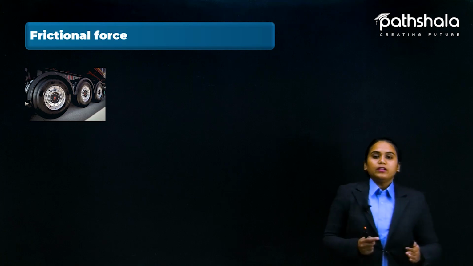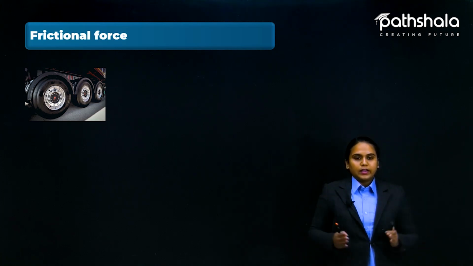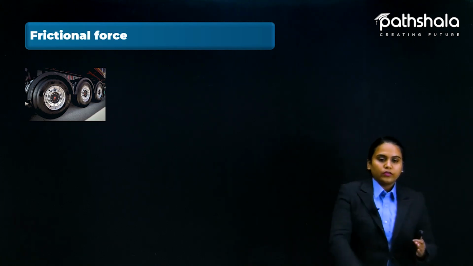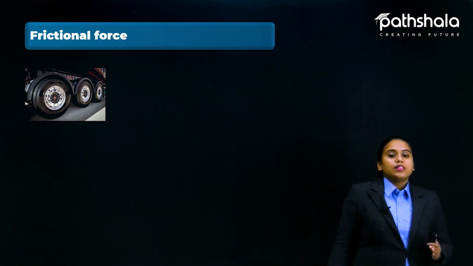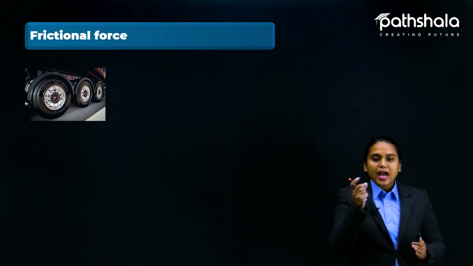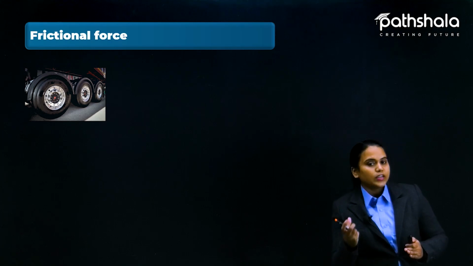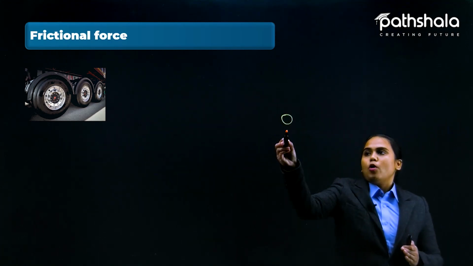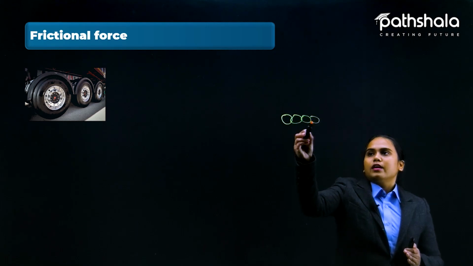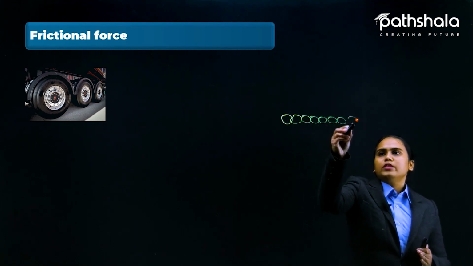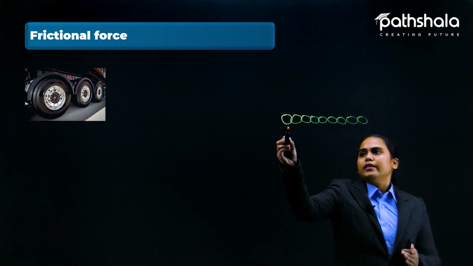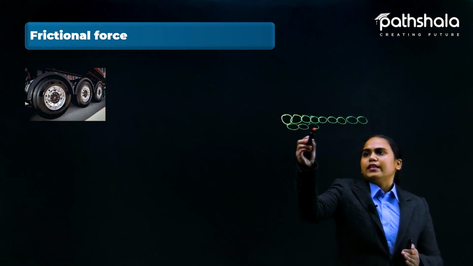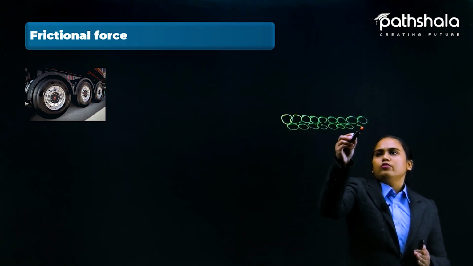See the example: a truck with heavy tires riding over the road. What is going to happen? The surface of the tire is in contact with the surface of the road, right? So let me zoom in: these are the molecules of the tires, and these are the atoms or molecules of the road.